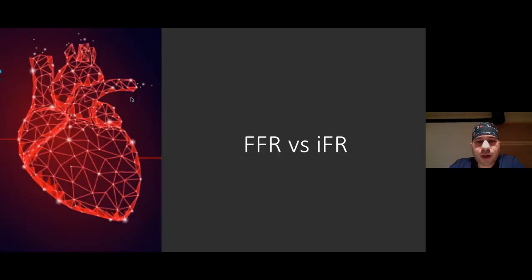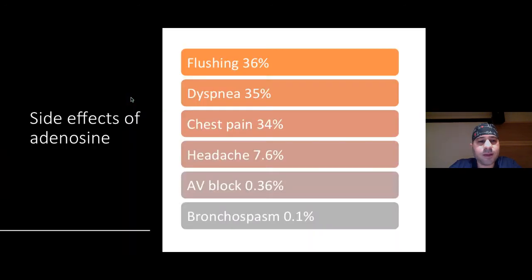So some patients are unable to tolerate hyperemia induced by FFR, and this is why it was important to have another modality to measure pressure gradients without inducing hyperemia. And that's because of the multiple side effects of adenosine: flushing, dyspnea, chest pain, headache, AV block, and bronchospasm.